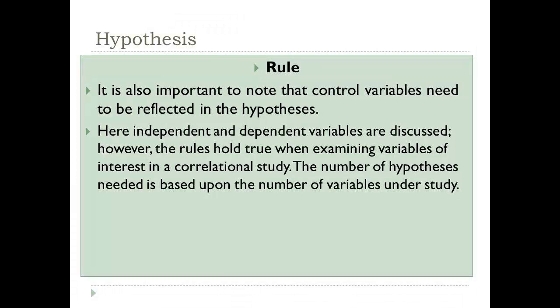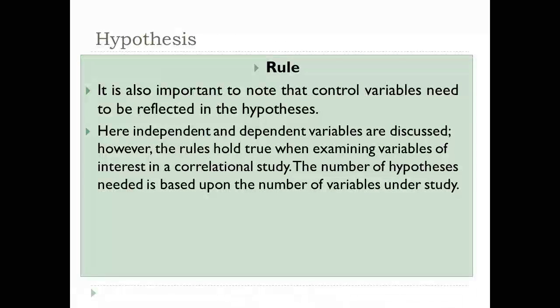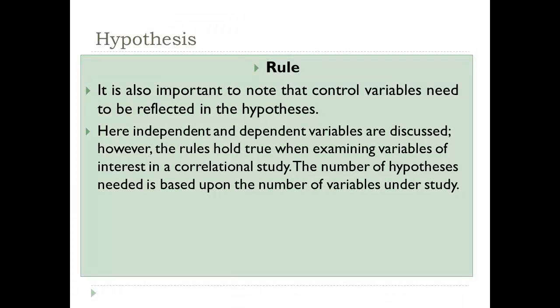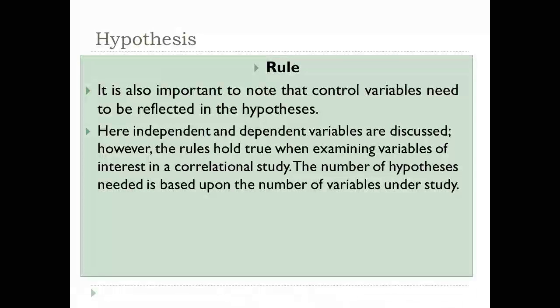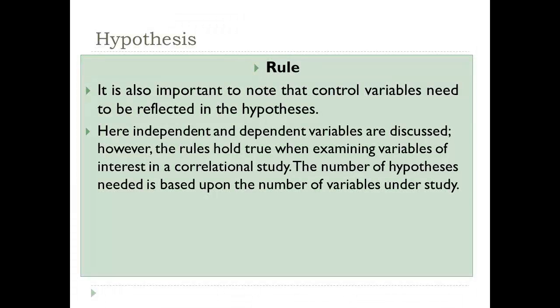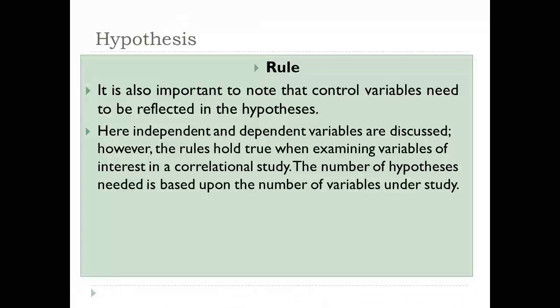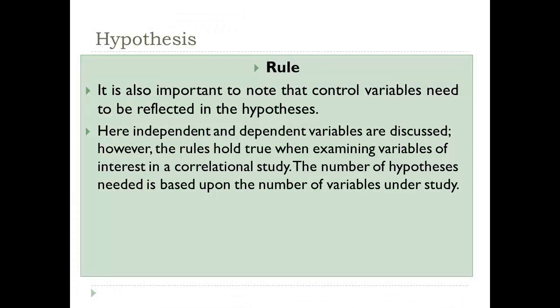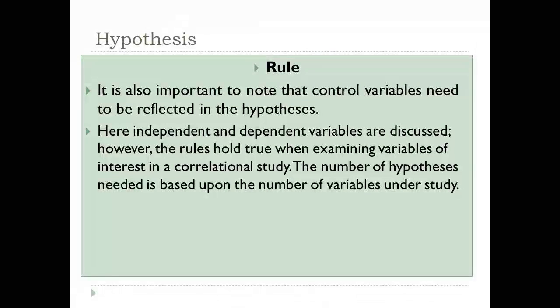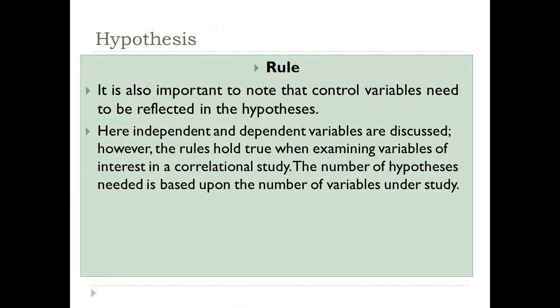Remember, in a quasi-experimental study, you have a pretest most of the time, so you can control for the selection threat to validity. So if you have a pretest or you're going to control for some variable, that needs to be reflected in the hypotheses. You need to add something such as while controlling for gender or while controlling for the pretest. So that's another important rule to remember.